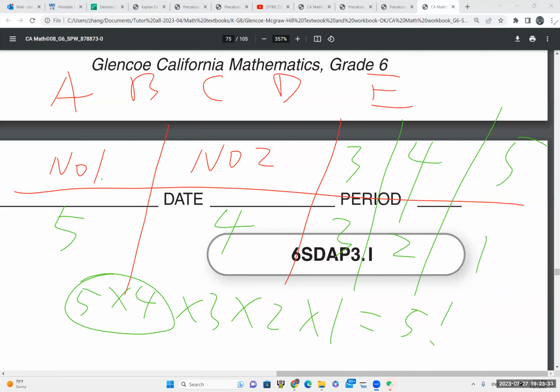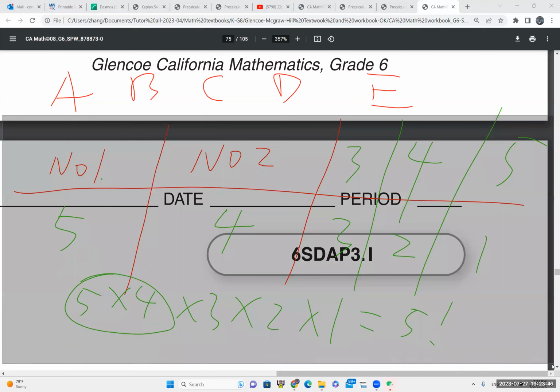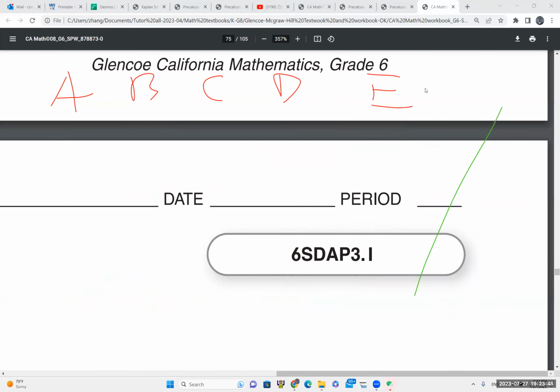Now let's take another case. Let me erase here. Think of 5 different persons. Now we choose 2 to go to Hawaii for vacation.